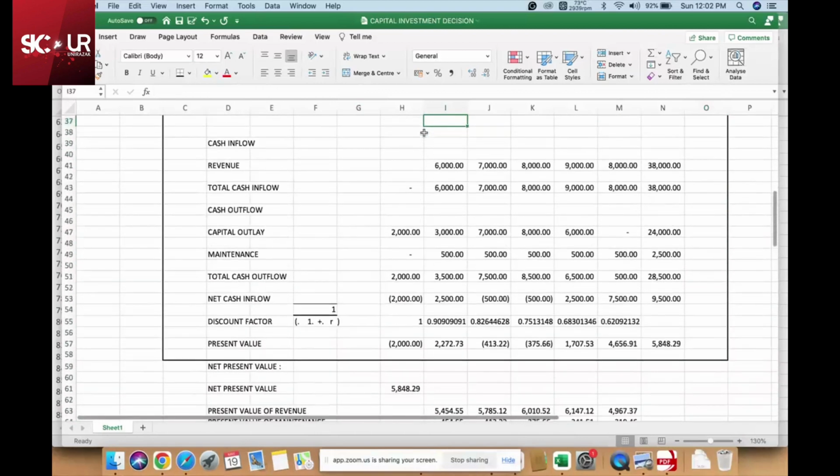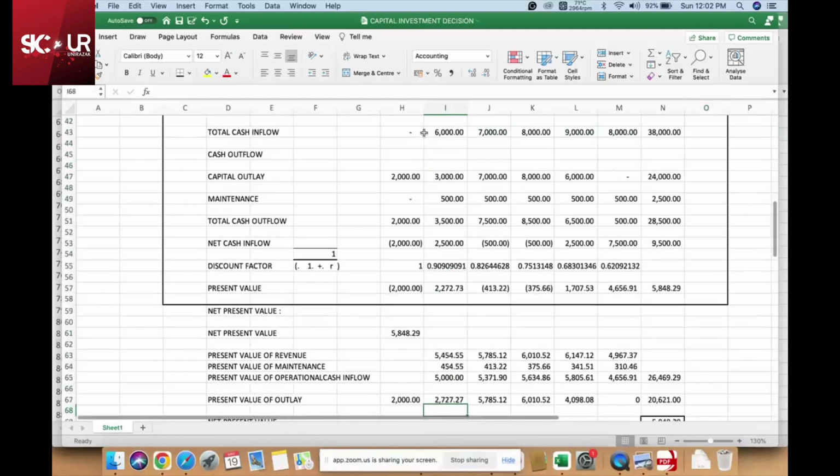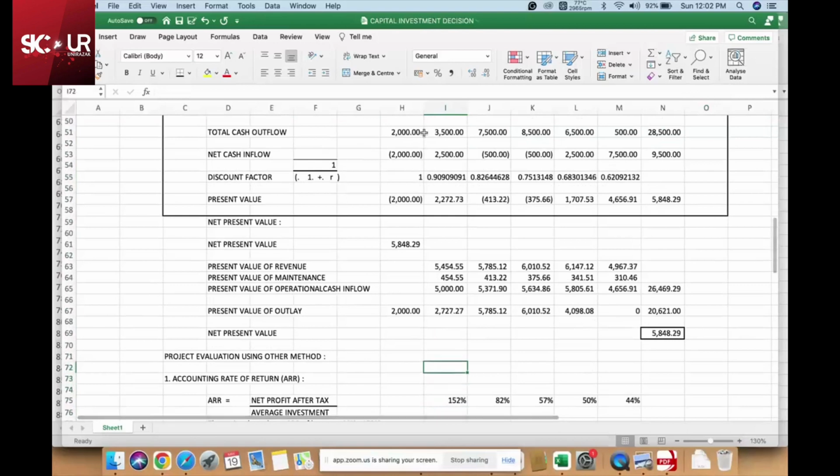So this is the revenue that will be discounted at the same rate as just now, and when we discount, we get the present value of revenue every year for the 5 years.